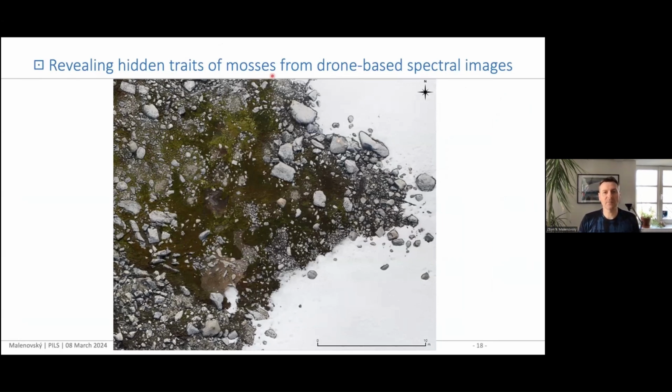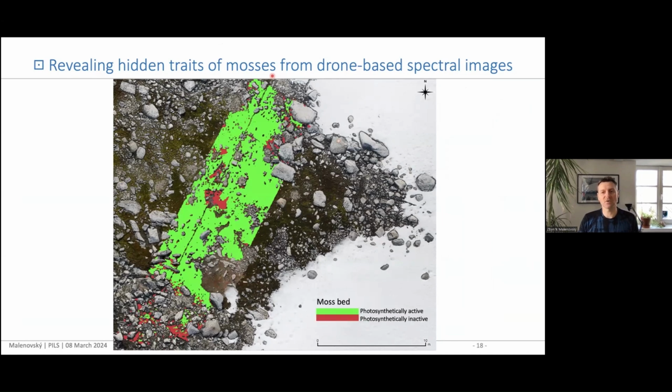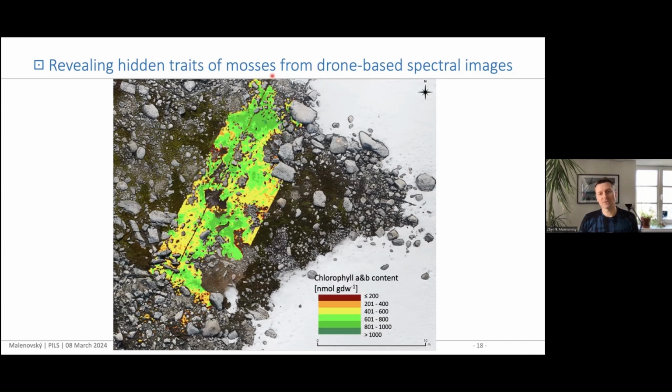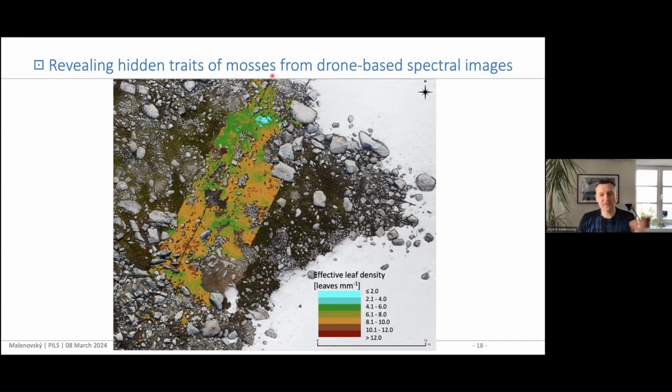Now, first we had to separate the moss from the rest, which is the background, which is not of our interest. And as well, we separated moss which was photosynthetically active and inactive. So the one which was dead, we didn't really analyze. And then when we applied this SVR per pixel, we could estimate chlorophyll content in nanomoles per gram of dry weight, and as well the effective leaf density, which is how many leaves in 1 millimeter length of the shoot we have.